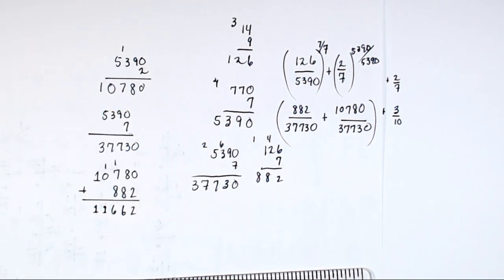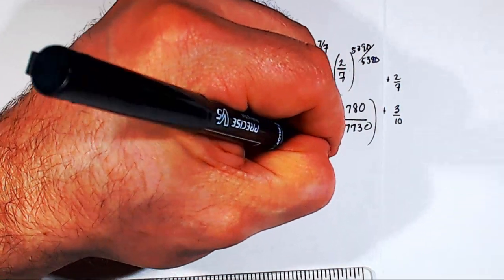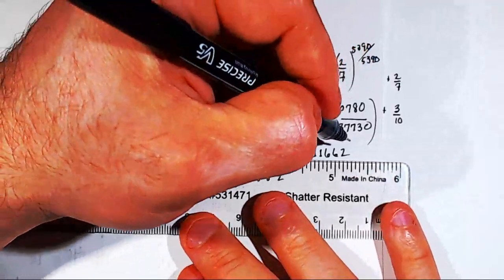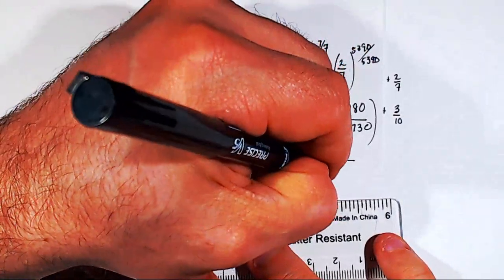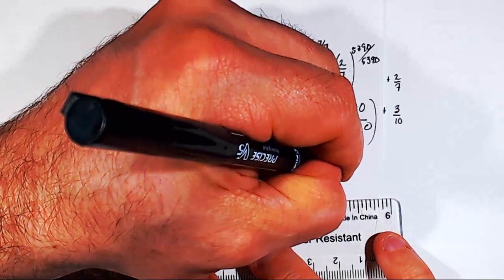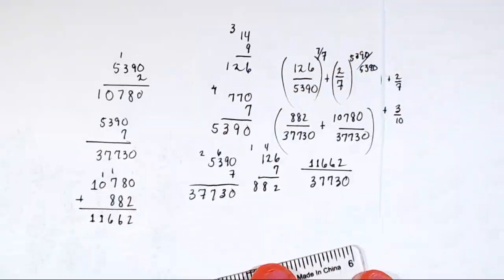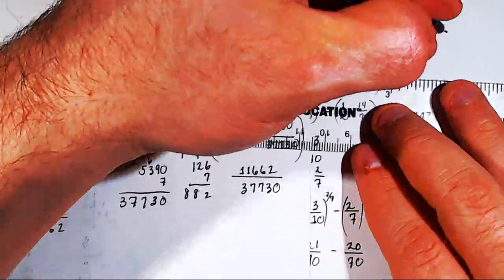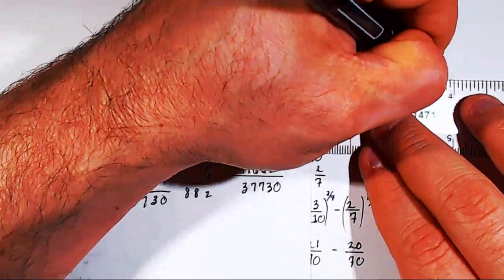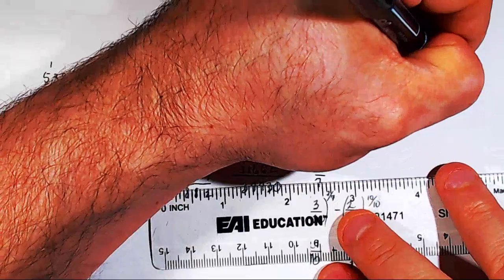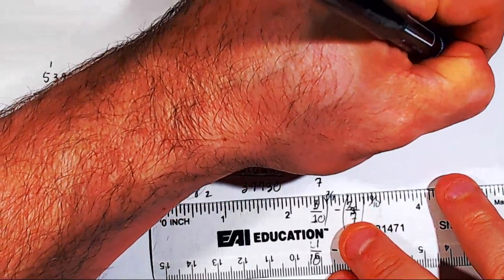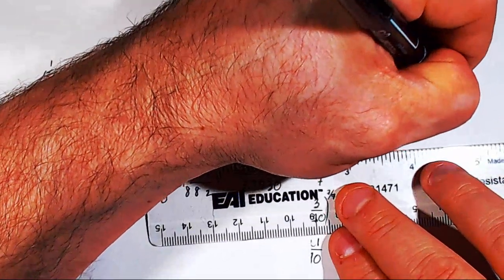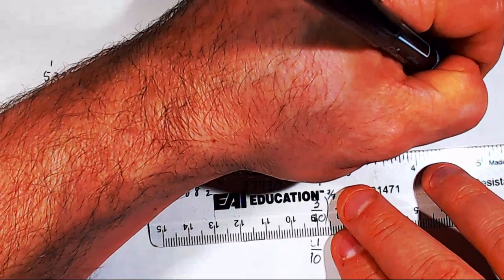So I have 11,662 over 37,730. Okay, that is what this equals. This equals 11,662 over 37,730.